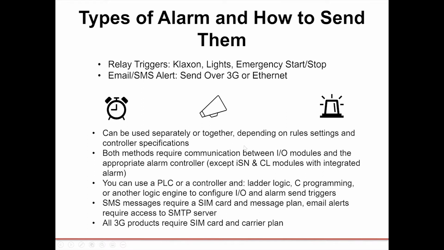So what are the types of alarm that you can send with our alarm controllers? And these basically fall into two broad categories. We're going to be talking about relay triggers and email and SMS alerts. So relay triggers are your klaxon, siren, lights, and emergency start and stop functions. And then email and SMS alerts are programmable functions on the controllers that you can send a message over 3G or Ethernet.